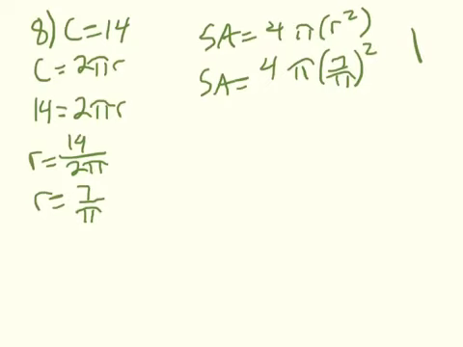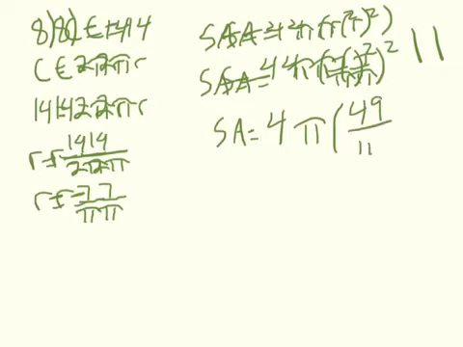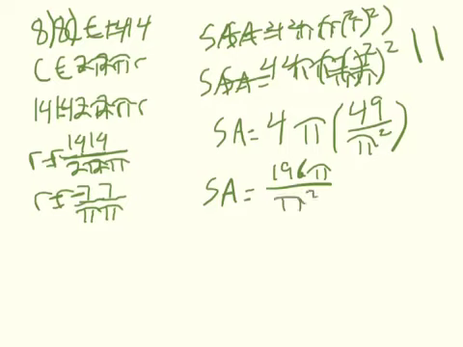When you work this out, you have the surface area equaling 4 times pi, and when you have a square, you square the top and the bottom, so it's 49 over pi squared. Then 4 times pi times 49 is 196 pi over pi squared.